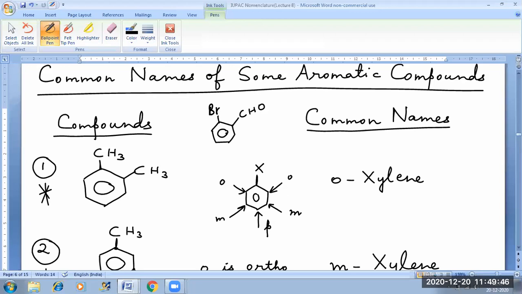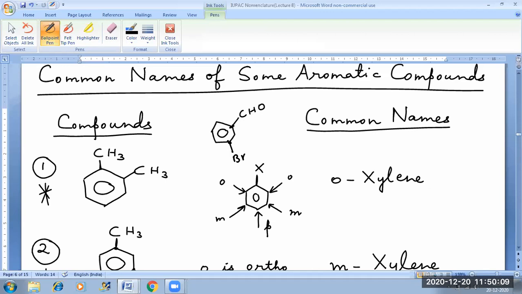So adjacent positions means ortho positions. But if I now show you the attachment at some other position, let's say I have an attachment here. Now I will say that this carbon atom contains CHO and this carbon atom contains bromine.